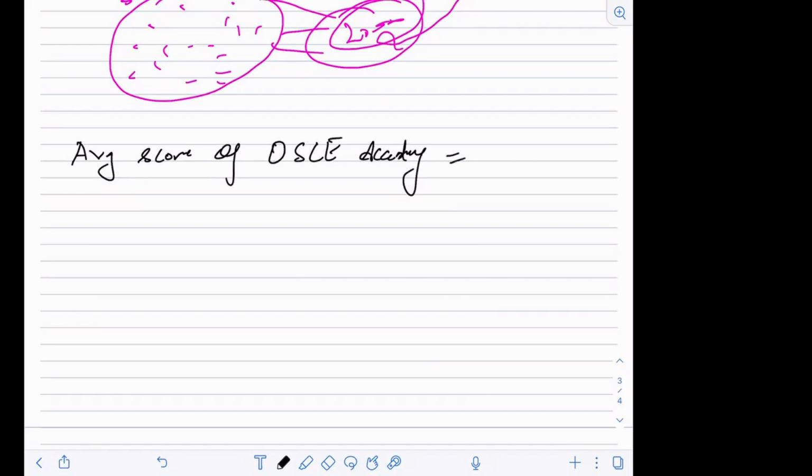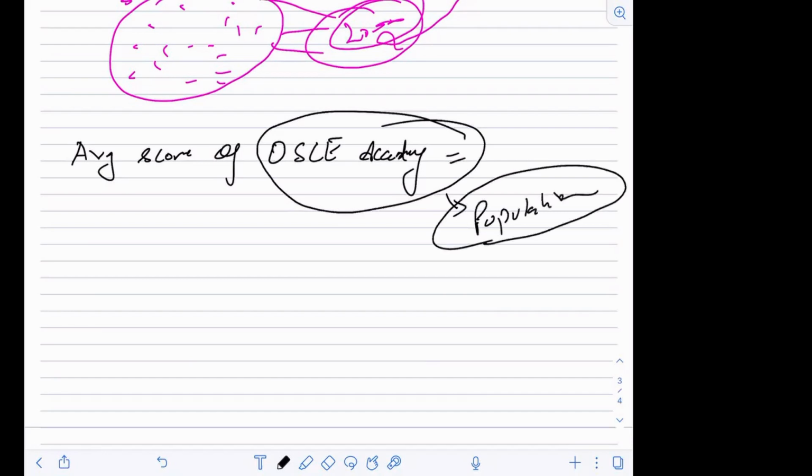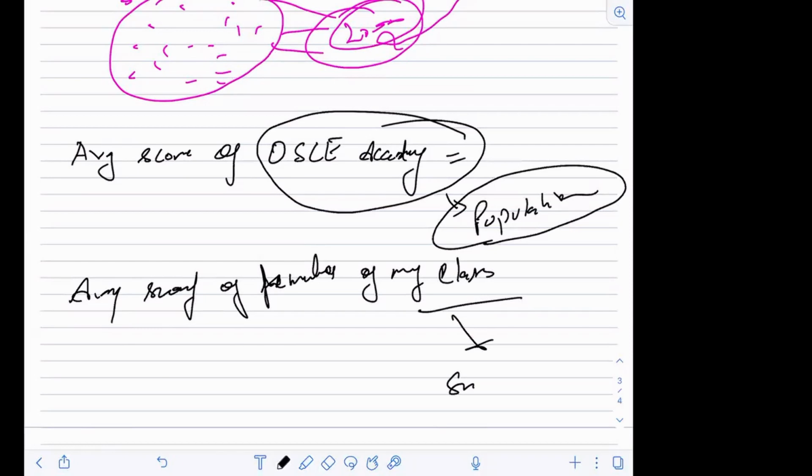If I say the average score of OSC Academy, that is my population because I am considering the whole, entire academy. But if I say the average score of the MA class, or the females of my class, and my class is MA in economics and governance, that would be called a sample.